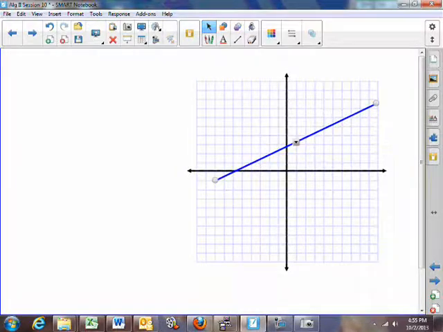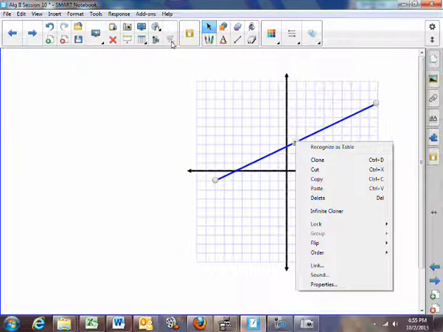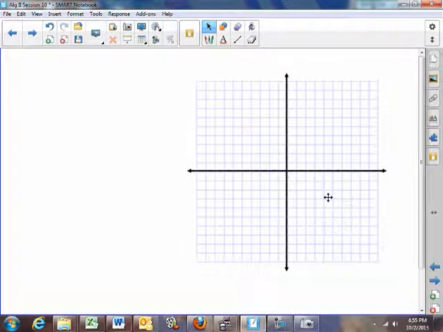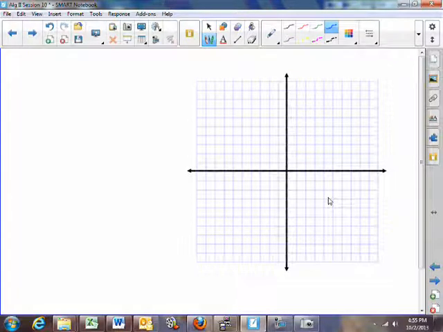So let's take a look at a couple of examples. Let's start, for example, with a linear inequality. We'll just make one up here. Let's say we want to graph 3x plus 2y is greater than or equal to 12.